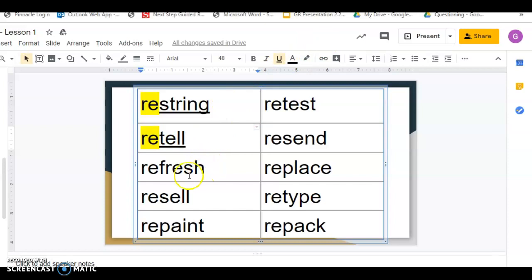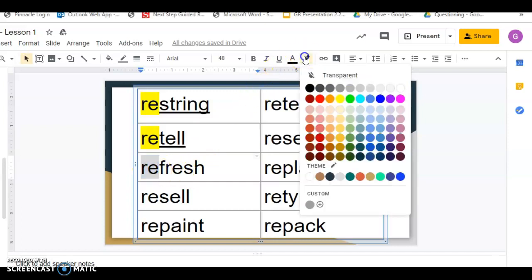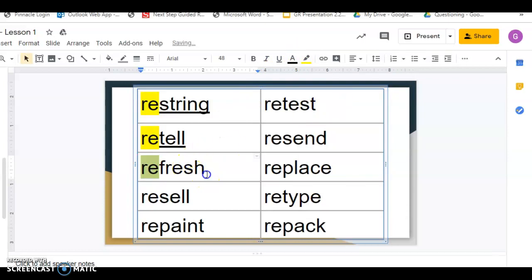What word do we have? Retell. Nice job. Next one, what's the prefix? Re. What's the rest of the word? Fresh. Read the word. Refresh. Nice job. Next one, what's the prefix? Re.